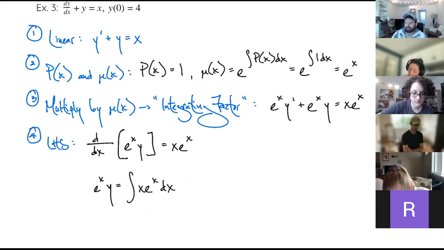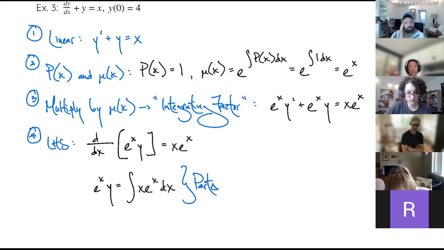And a good way to tell that you're going to need integration by parts is that you have two functions that are different kinds of functions multiplied together, right? So like an x and an e to the x, an x and a natural log x, a sine and an x squared, okay?